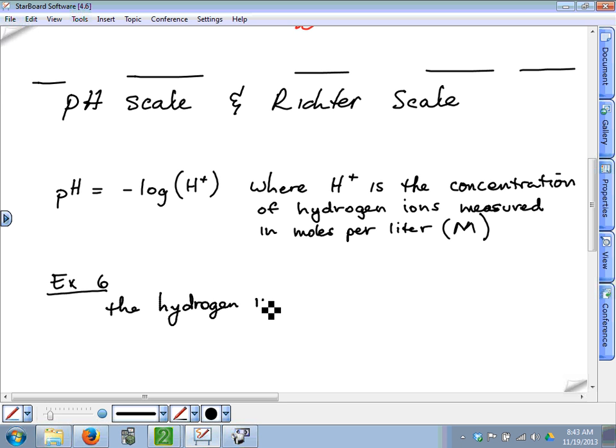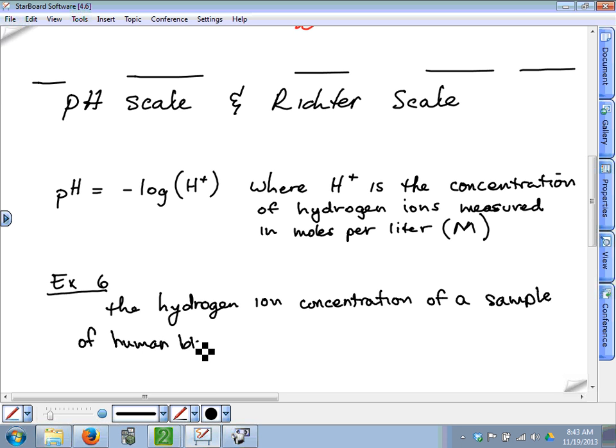Sure. The hydrogen ion concentration of a sample of human blood was measured to be H plus equals 3.